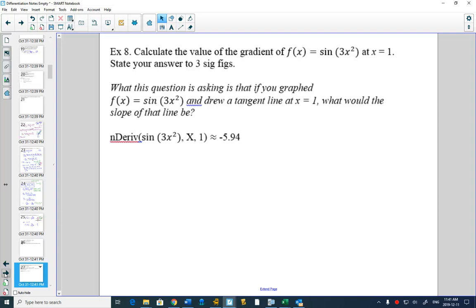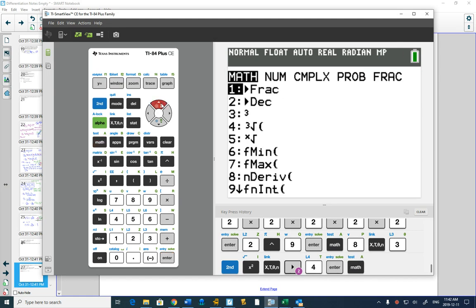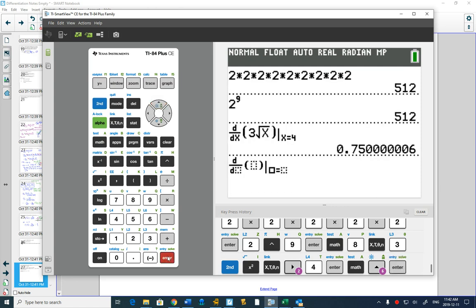So calculate the value of the gradient of f of x equals sine 3x squared at x equals 1. State your answer to 3 sig figs. So here we can go to our nDeriv function. This is actually a good example because right now you do not have the algebra skills to figure this one out using the definition.